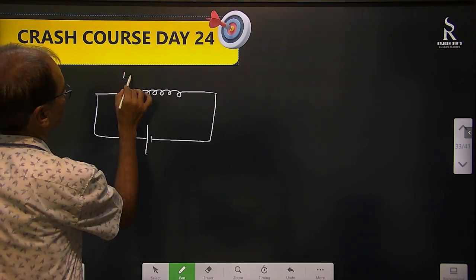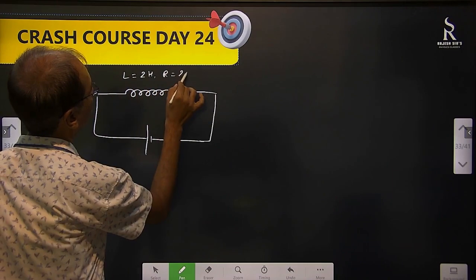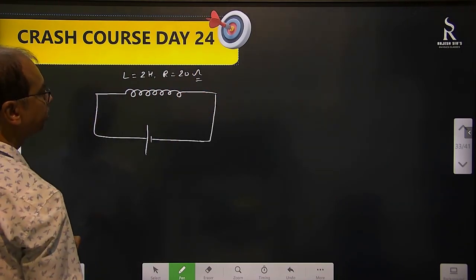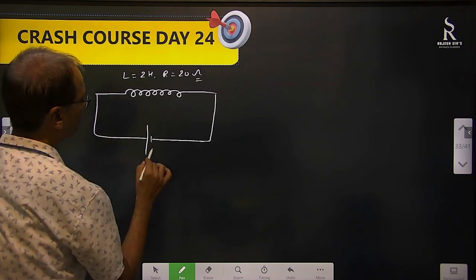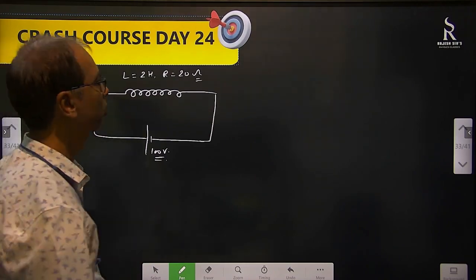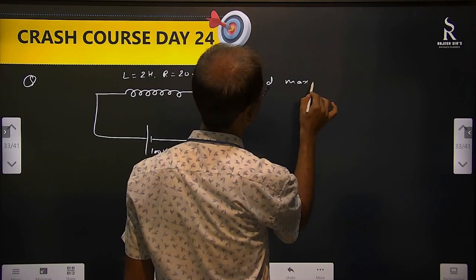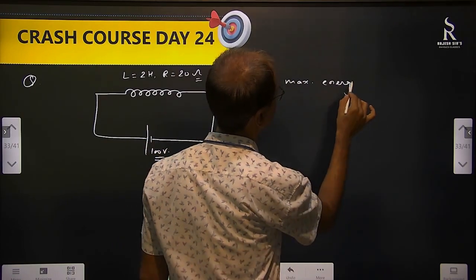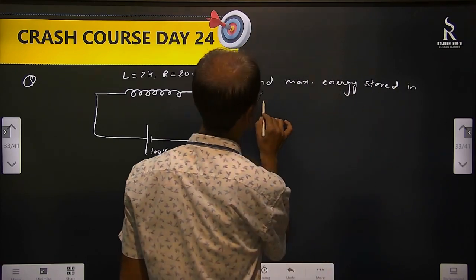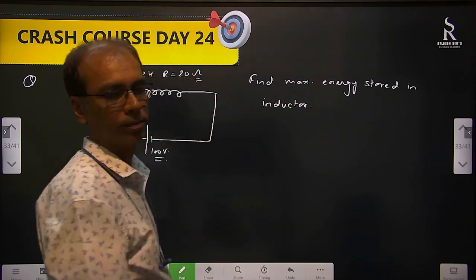Its inductance is, let's say, 2 Henry and resistance is 20 ohm, and this is 100 volt. The question asked is: find the maximum energy stored in the inductor.